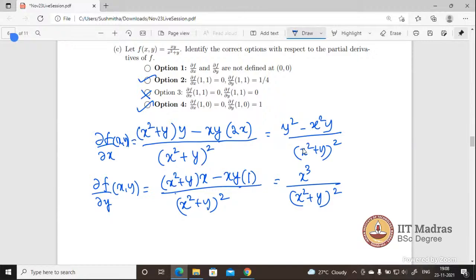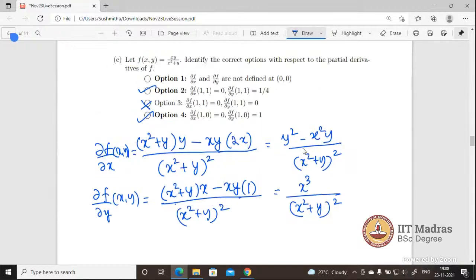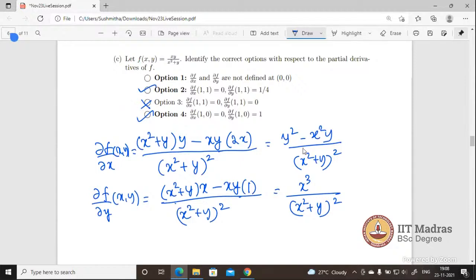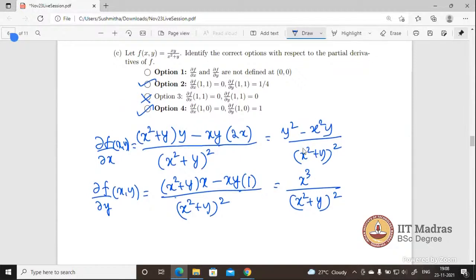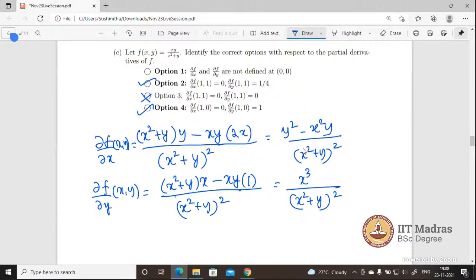So it's simply not defined. We don't have to go back to the f of x plus h method if I have 1 by 0, then it is fine. But I'm getting 0 by 0. So what is 0 by 0? It's indeterminate. So I need to go back to the definition.